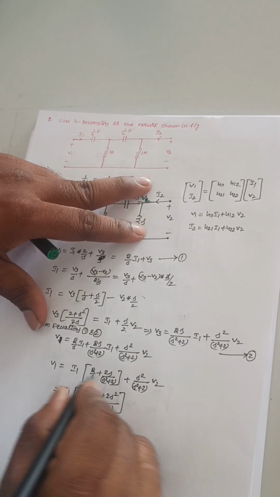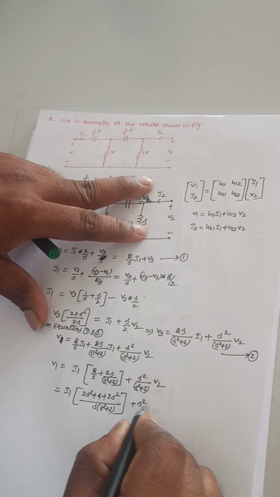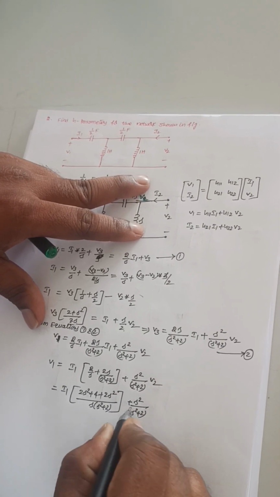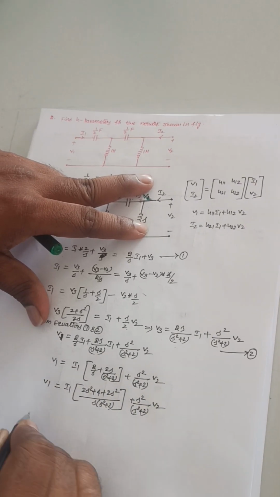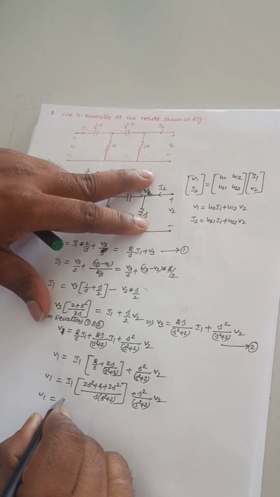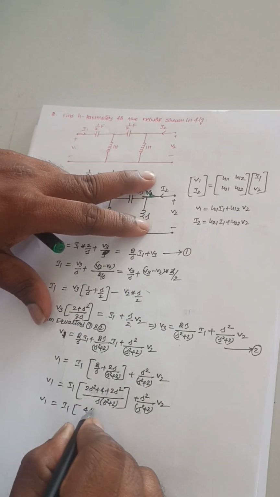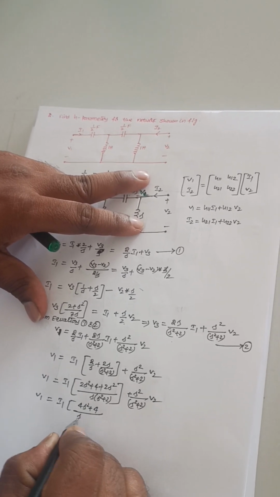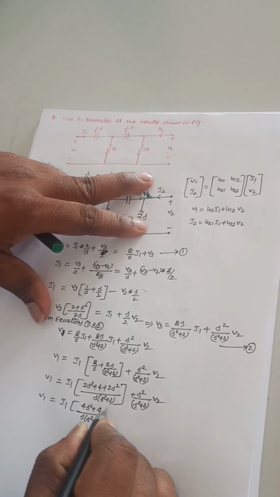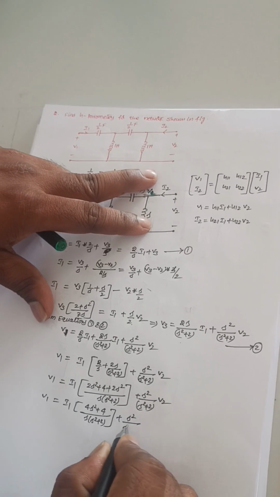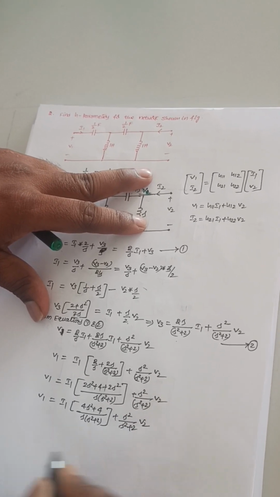If I take LCM, this is S square divided by S square plus 2 into V2. Now V1 is equal to I1 into 4S square plus 4 divided by S into S square plus 2, plus S square divided by S square plus 2 into V2.